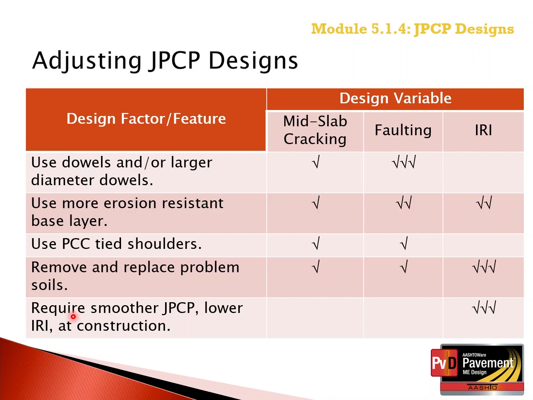Requiring a lower or smoother JPCP at the time of construction can have a significant impact on IRI, depending on the additional smoothness requirement, but basically has no impact on mid-slab cracking and faulting.